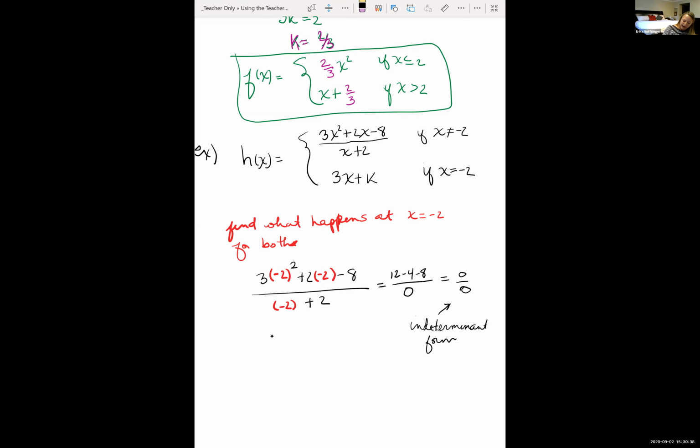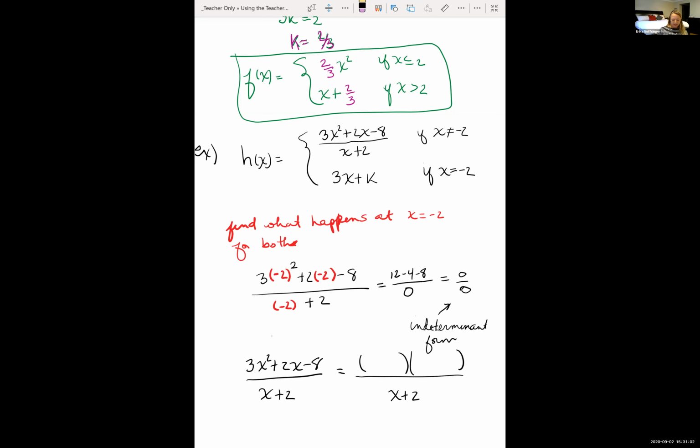So let's go back and let's look at 3x squared plus 2x minus 8 all over x plus 2. And let's factor that. So we can use trial and error and try to figure it out, thinking that it's going to factor.